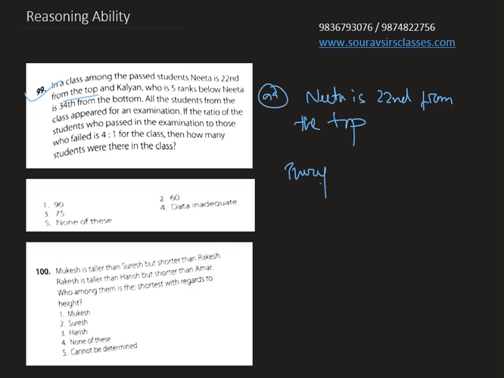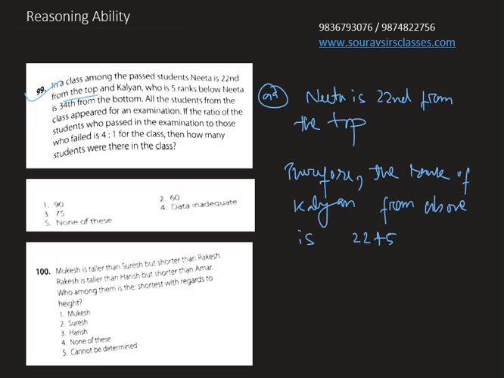Therefore the rank of Kalyan from above is 22 plus 5, that means 27th, and 34th from the bottom.